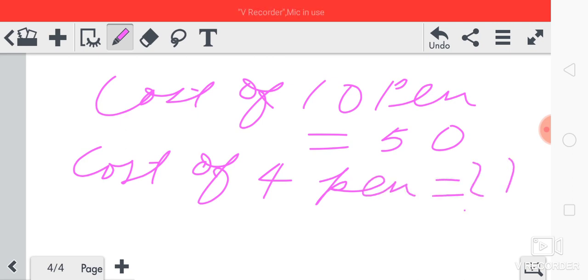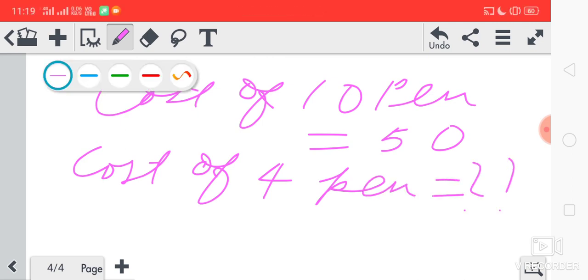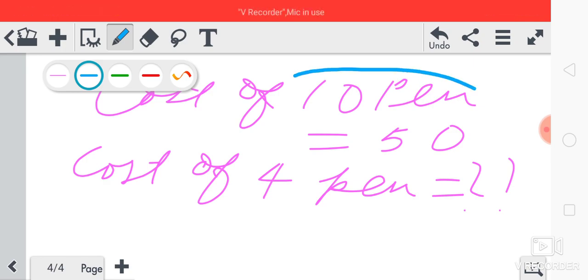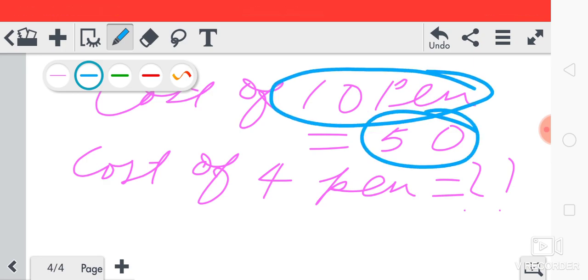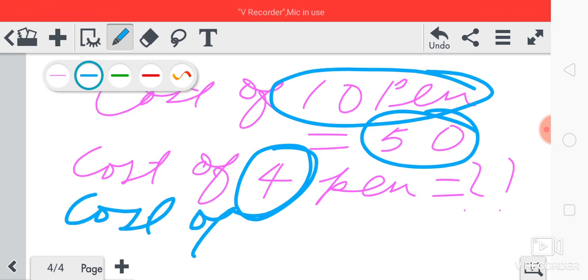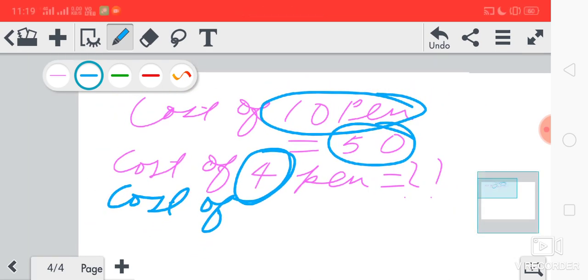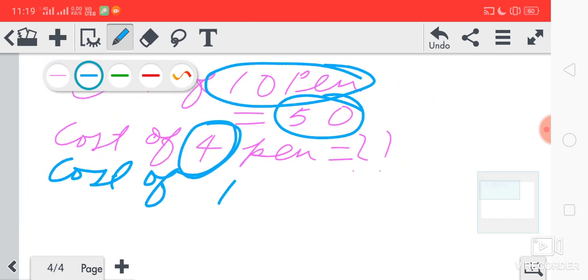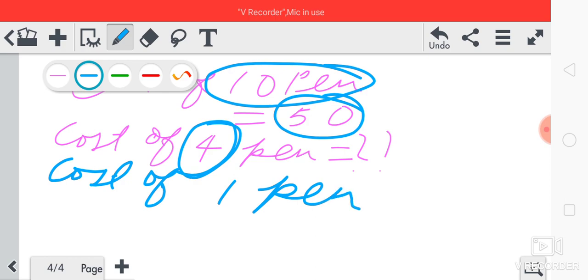So how will we find it? Cost of 10 pens is given, 50 rupees. Now they are asking cost of 4 pens. If we know the cost of 1 pen, then the cost of 4 pens we can find.